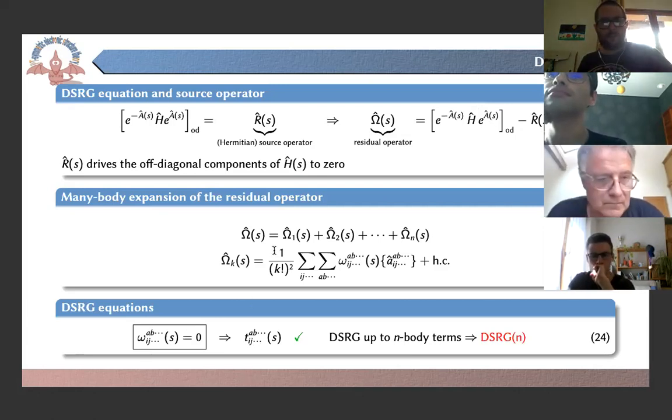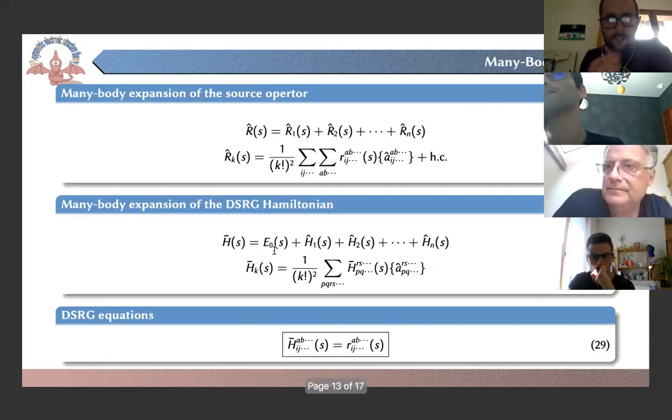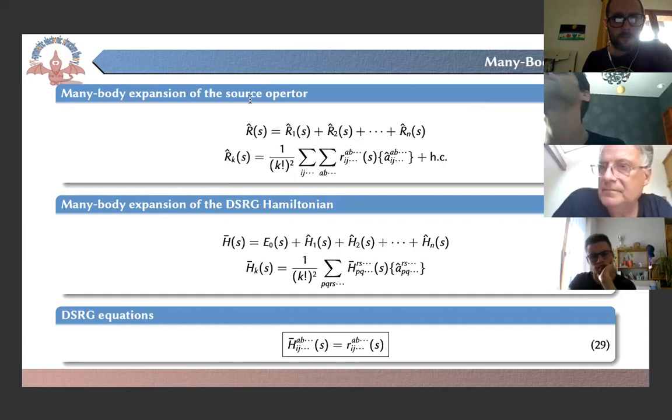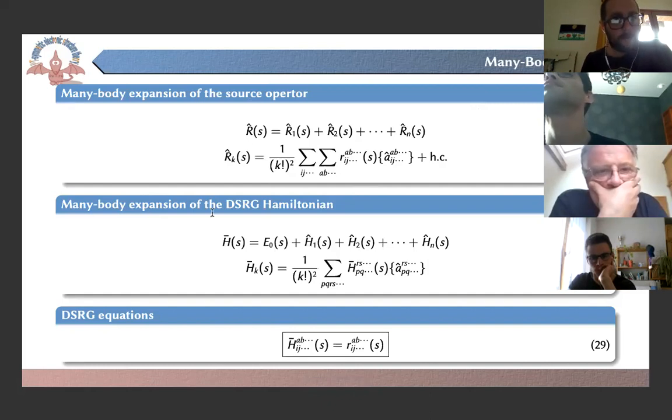Okay. So now we can expand the source operator in many-body terms, 1-body, 2-body, 3-body, and so on. We can do the same for the H bar Hamiltonian.